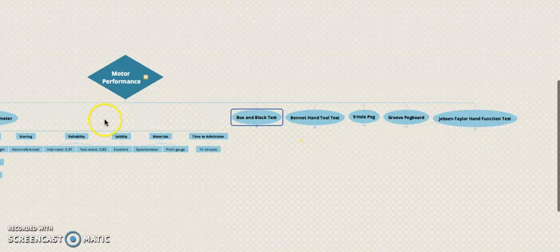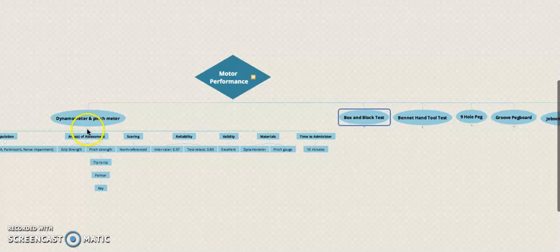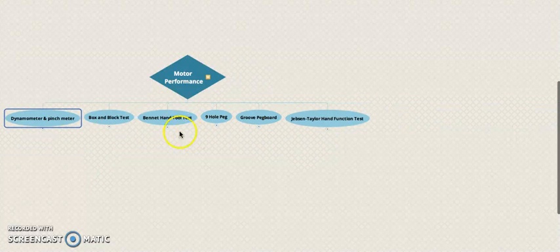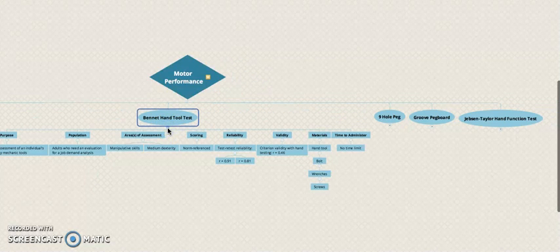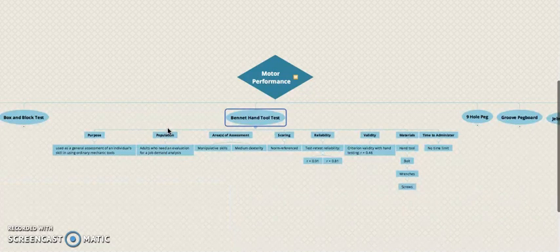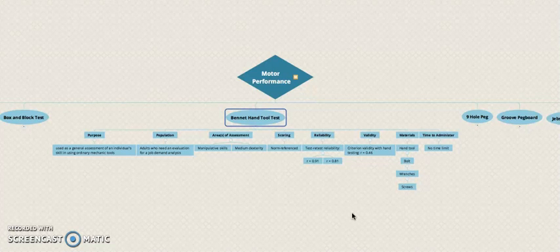The next assessment we're going to look at is the Bennett hand tool test. This test is used in order to assess an individual's skill in using ordinary mechanical tools. Typically this is used with adults who need an evaluation for a job demand analysis.